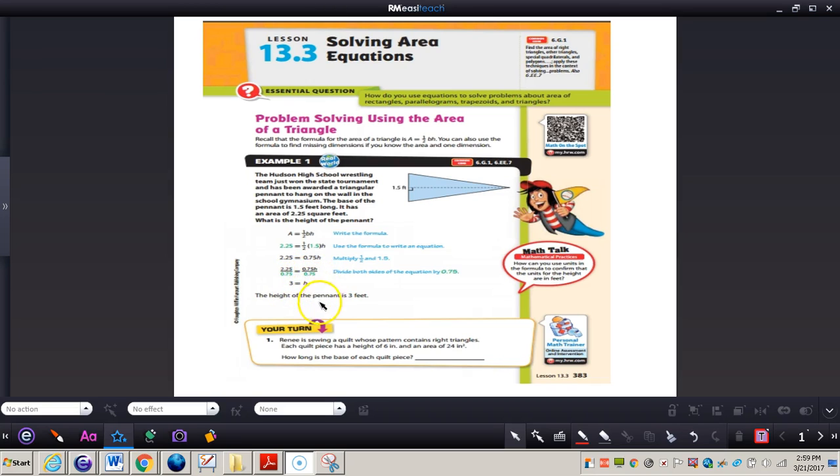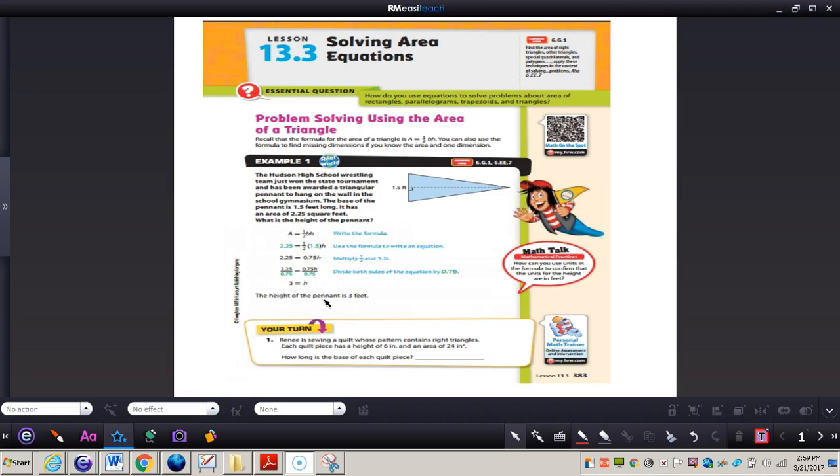So we know the height of the pennant is 3 feet. Okay, so you can see those different steps that we use to find the unknown height. Now we can plug that in. So we can do area equals 1/2 times the base, which is 1.5, times the height, which is 3. So we can see that that would equal that 2,250 for the area.